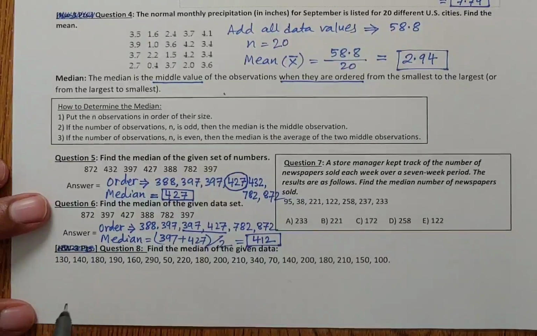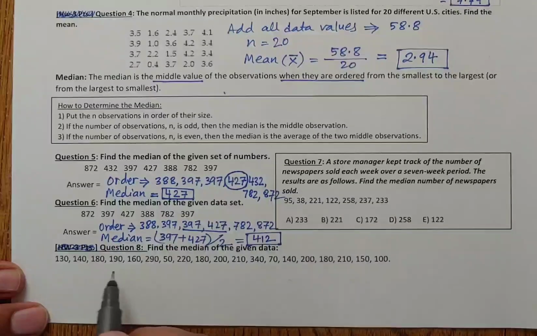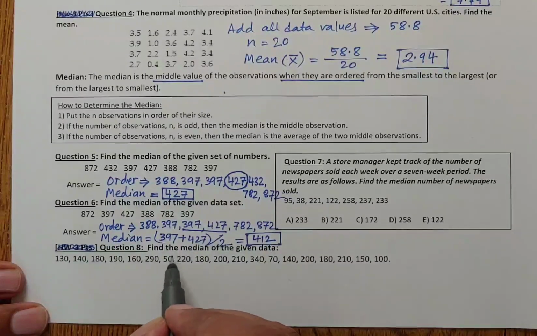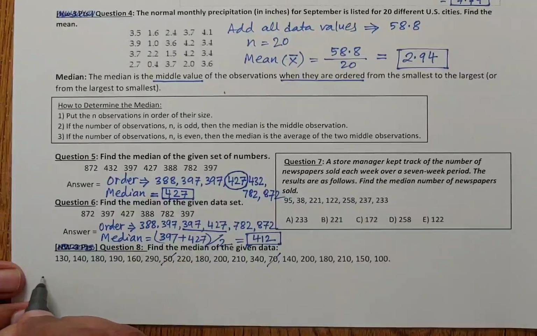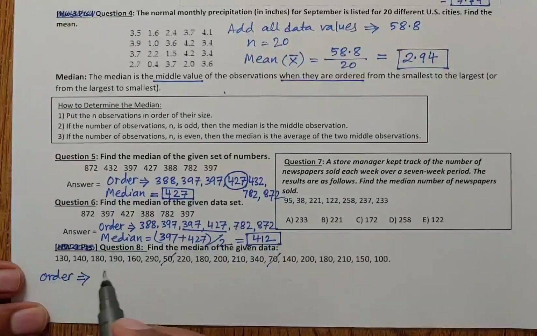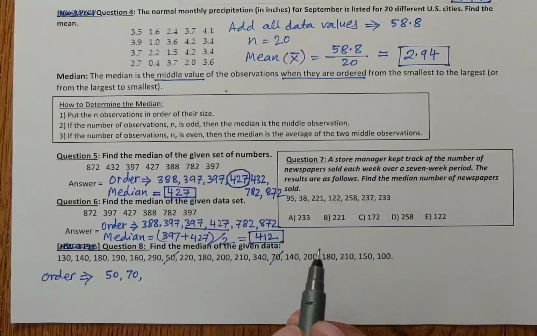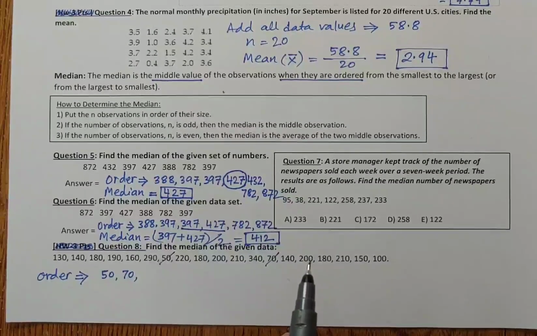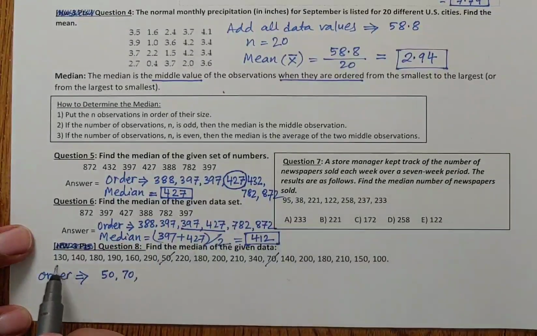Now putting this in order, it may take a little bit of time. So the smallest number is 50, and then 70. So we put them in order: 50, 70, and then, okay, which one is next?